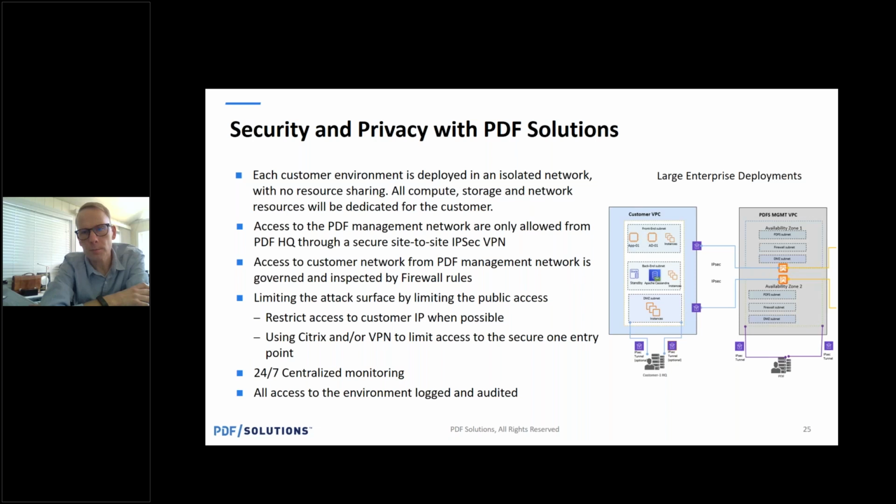We use independent third-party attack testing on all of our cloud sites. And the cloud is centrally monitored with 24/7 monitoring. All access is logged and audited. You can see every customer's cloud site is deployed in an isolated network, no resource sharing. Everything is dedicated to an individual customer.